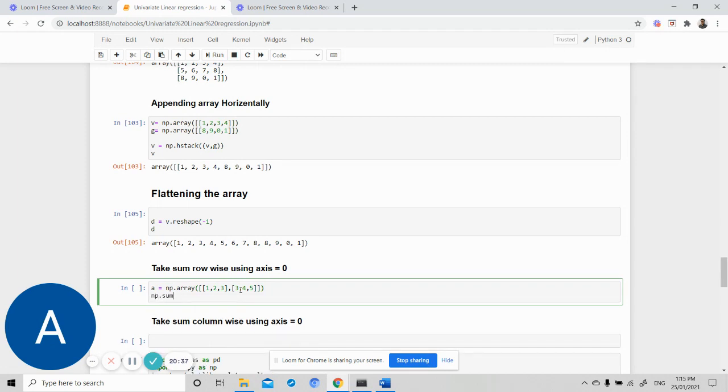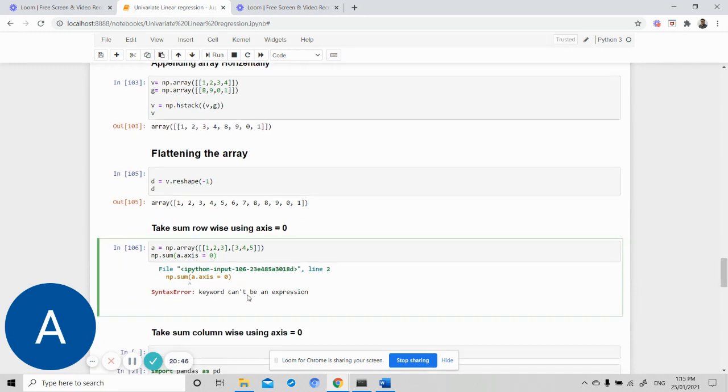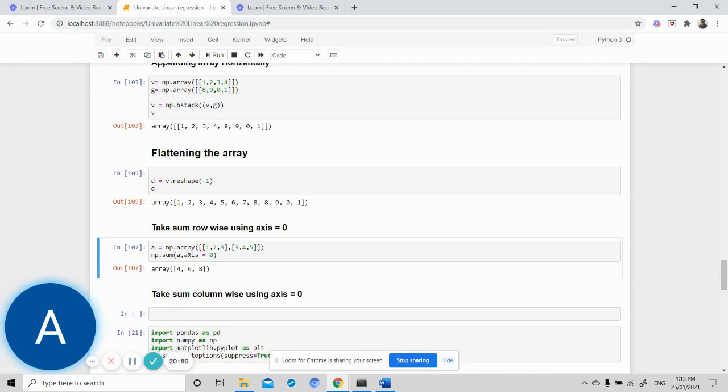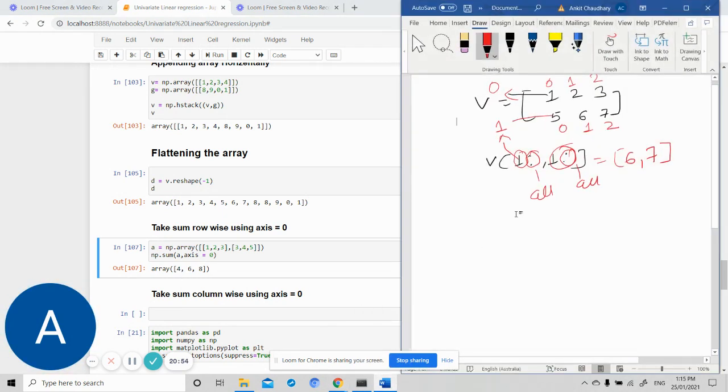np.sum(a, axis=0). So it does row wise addition. What does this mean?